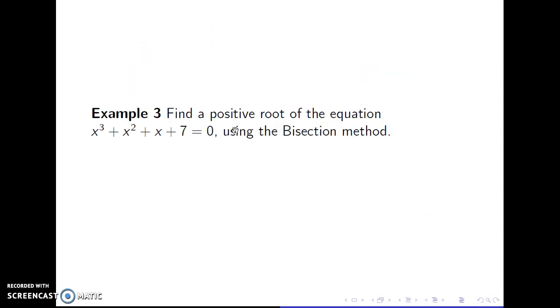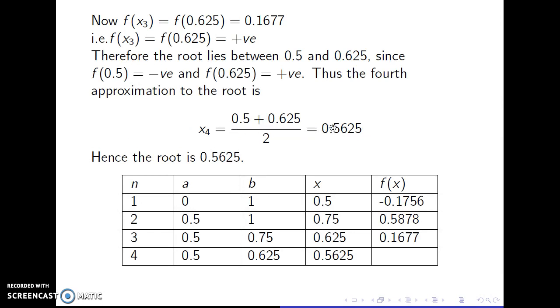So x4 we got here is 0.5625, and at the fourth approximation we consider this to be the root. We will not go ahead for more approximations from the exam point of view. We can perform any number of approximations, but we calculated up to x4.